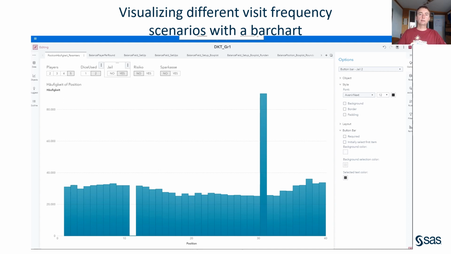So different to what I showed you earlier on, different static examples, they built with SAS Visual Analytics a very simple dashboard where they have parameters like the number of players, how many dice are used, do you consider going to jail, do you consider the event cards, and then display the distribution here as a histogram. Very nicely done.